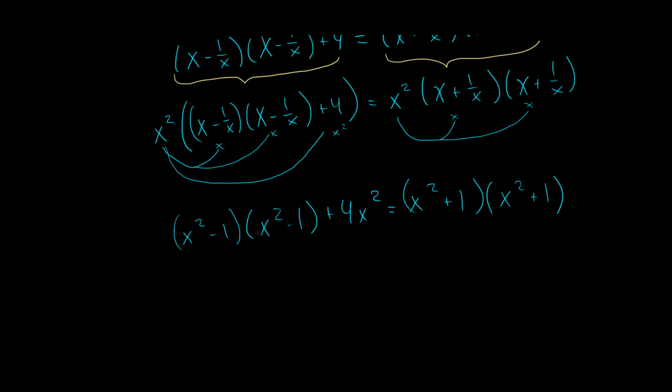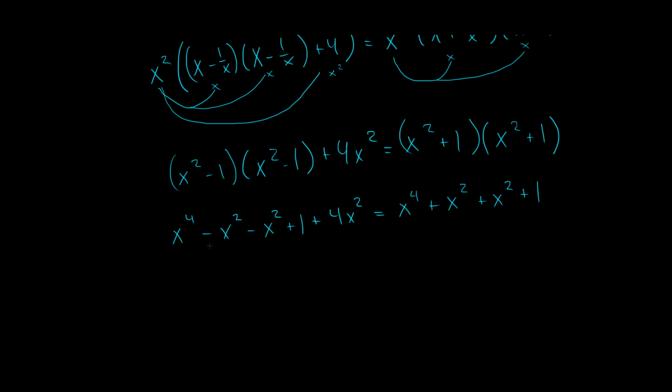Now let's FOIL both of these. So here we end up with x to the 4th minus x squared minus another x squared plus 1 plus 4x squared equals, and I'm going to FOIL this side, I'm going to get x to the 4th plus x squared plus x squared plus 1.